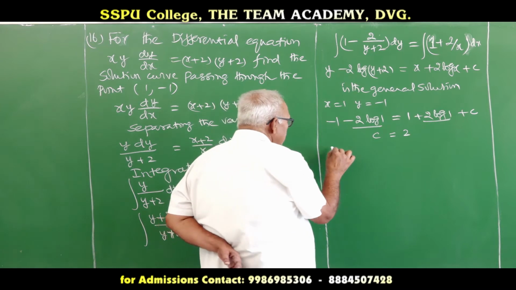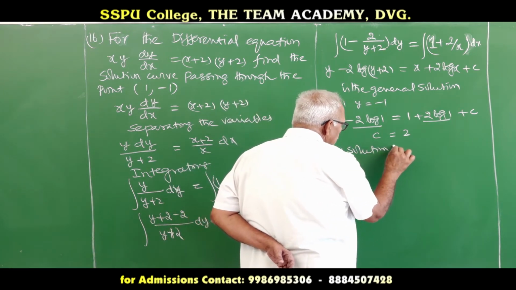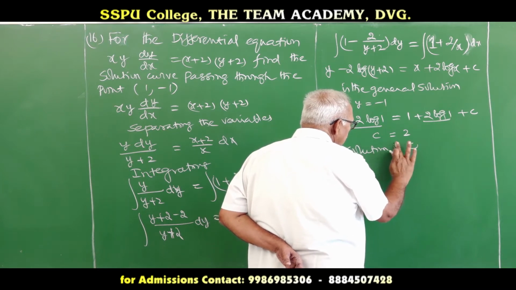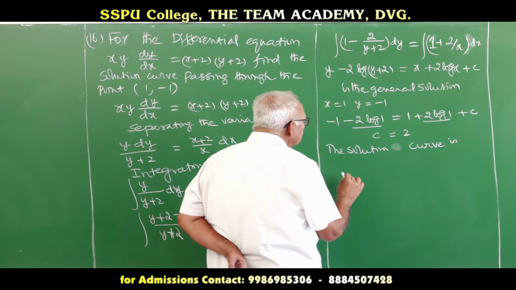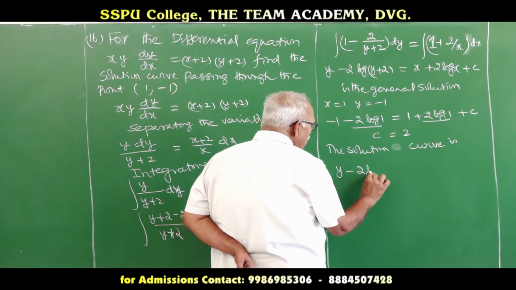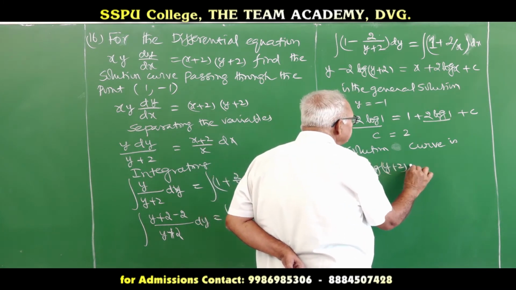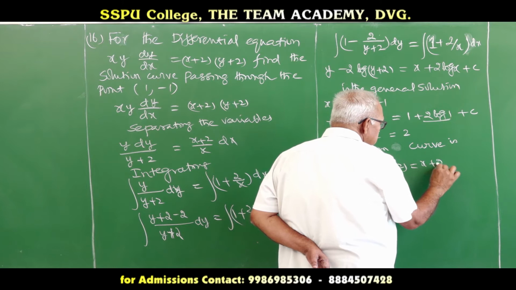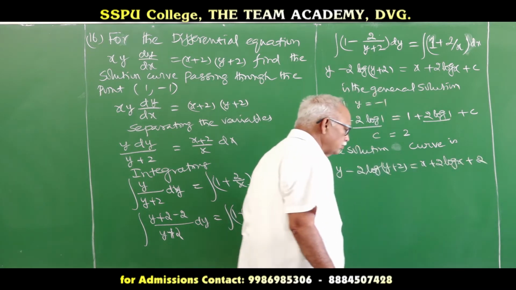So, the solution curve is y minus 2 log (y plus 2) is equal to x plus 2 log x plus c.